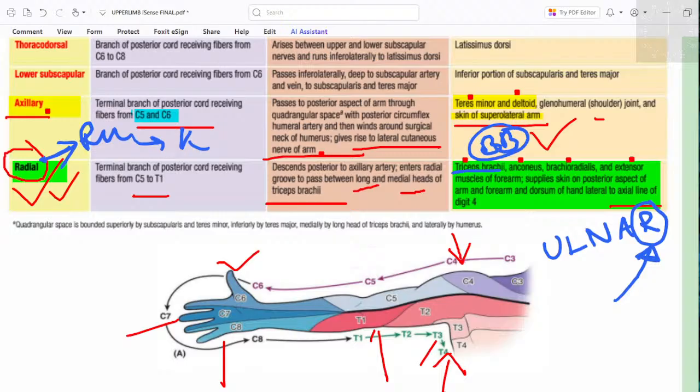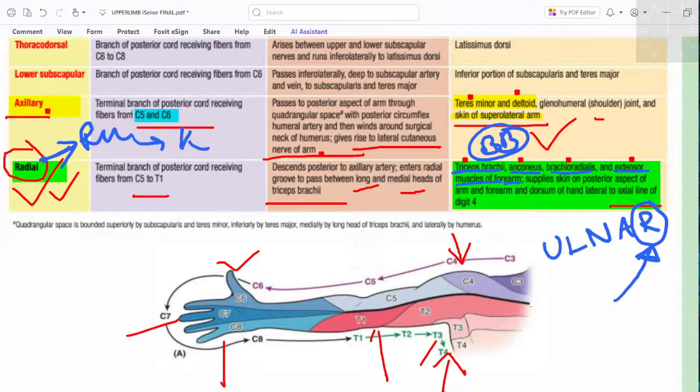The gym guys build their biceps and triceps. So simple: biceps is supplied by the musculocutaneous nerve, and triceps is supplied by the radial nerve. So triceps brachii, anconeus, brachioradialis, and the extensor muscles of the forearm.